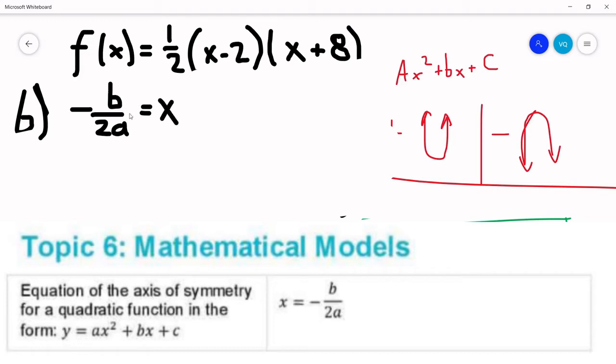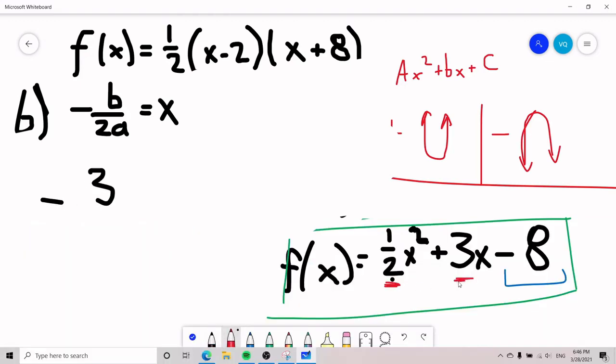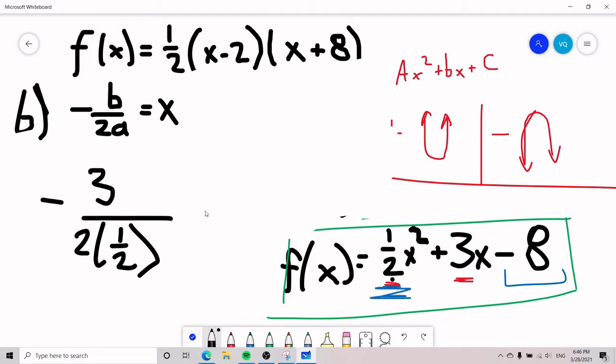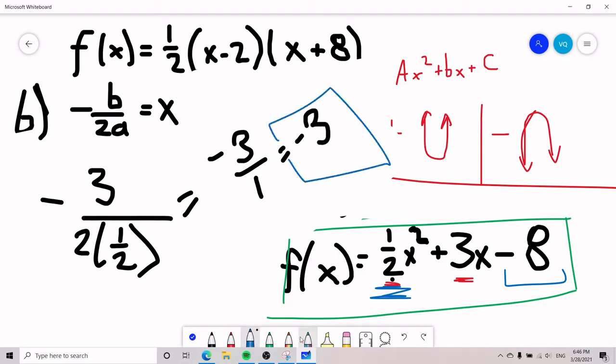And if I plug this in with b being 3, as we can see here, and my 2a being 2 times 1/2 because of the number here, we know that this is going to give me -3 over 1, and this is simply -3, okay? So this is the second way to do it. Both work, you just have to show your work, all right?